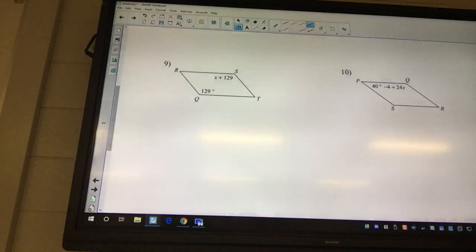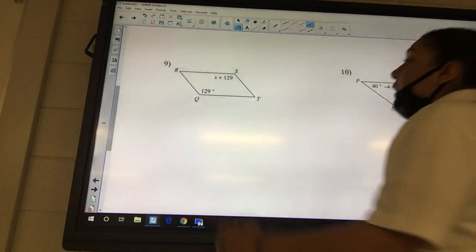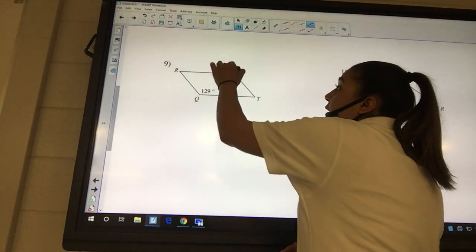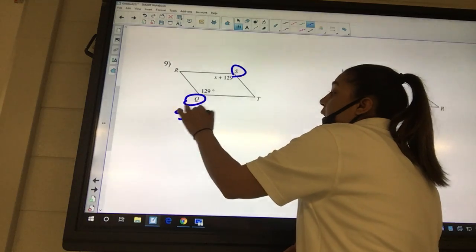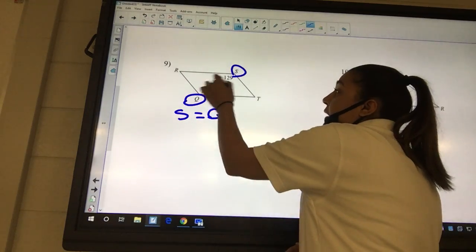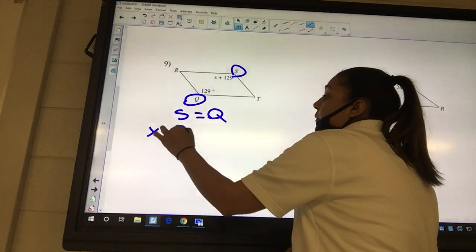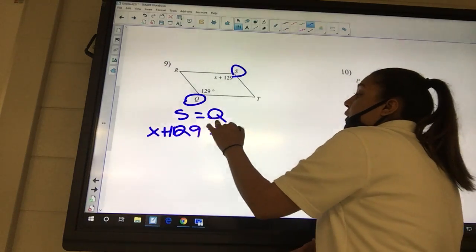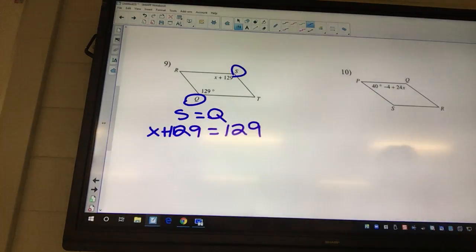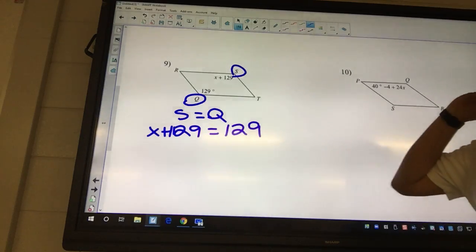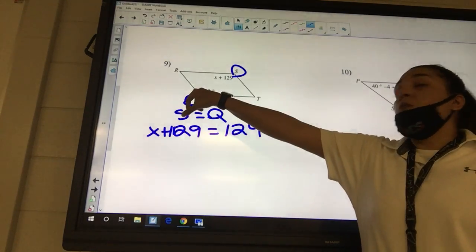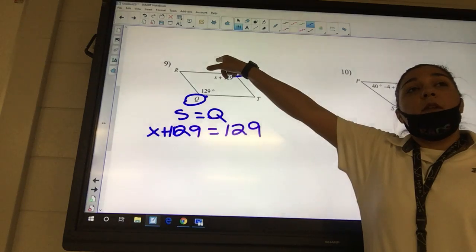Alright, the next one: same sides or opposite sides? Opposite, which means what? That's the same. They're equal to each other. So you could say S equals Q. S is x plus 129, and Q equals 129. We need to solve for x, so we get all our letters to the left and our numbers to the right. But think about this: if this is 129, what does this one have to be? 129.